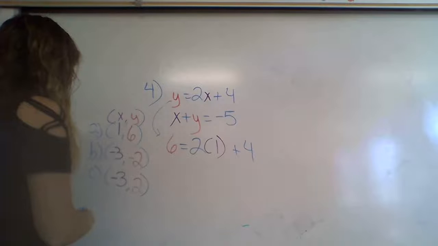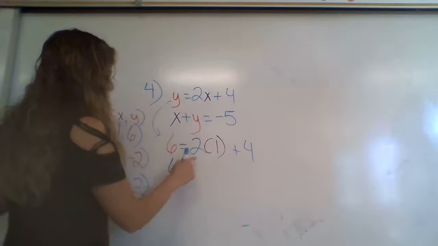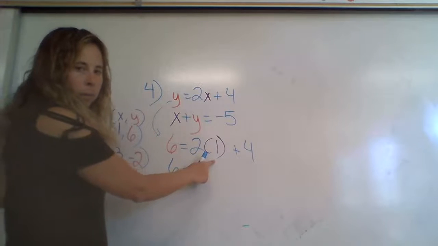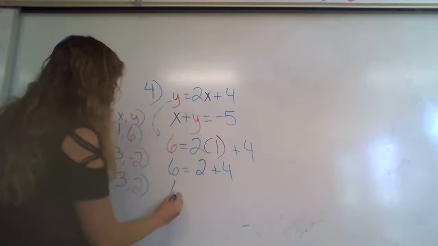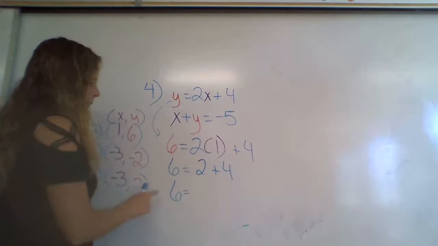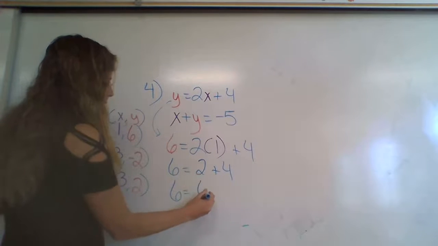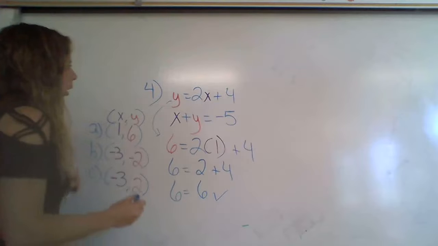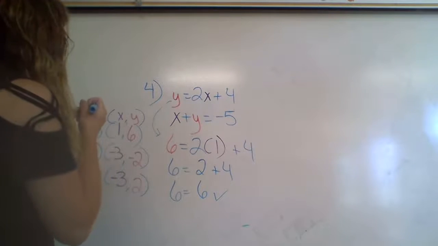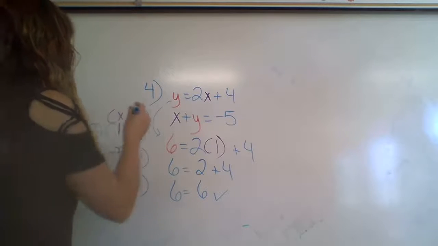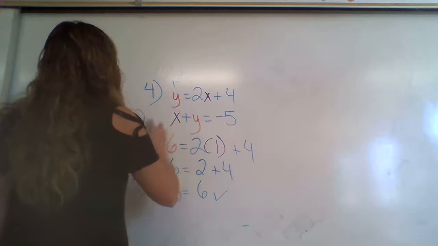So now we have 6 equals 2 times 1, which is 2, plus 4. Six equals 2 plus 4, which is 6. Okay, so that works. I don't want to call it A and B, so we'll just go first and second. This is our first equation, and this is our second equation.